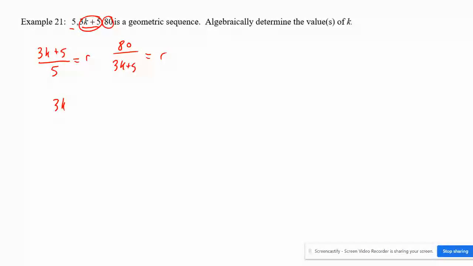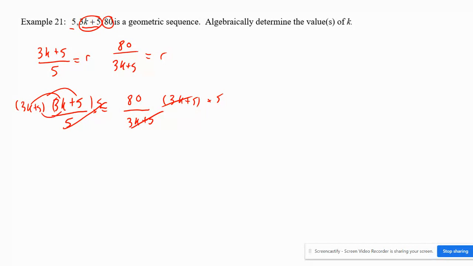So this is going to be 3k plus 5 over 5 equals 80 over 3k plus 5. Okay, so how I'm going to solve this equation, I'm going to multiply both sides by 3k plus 5. And what that's going to do is cancel out those terms there. And then I'm going to multiply both sides times 5. It's going to cancel out those guys here.